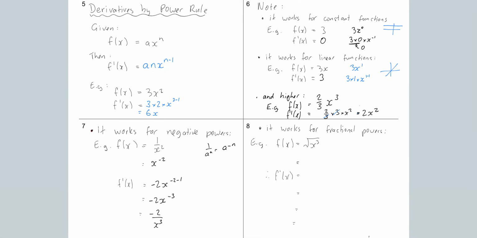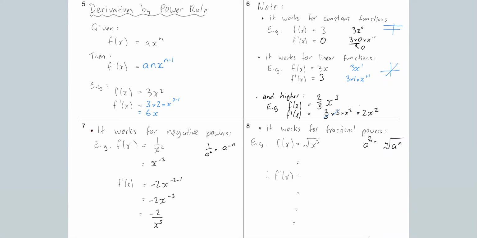It also works for fractional indices, and I'll just do this really briefly because I'll do some more detailed examples later on. So just remember that if I've got a to the power of n over m, it is equal to the mth root of a to the power of n. I've got the square root of x cubed here. I know it's the square root because there's no number in here.